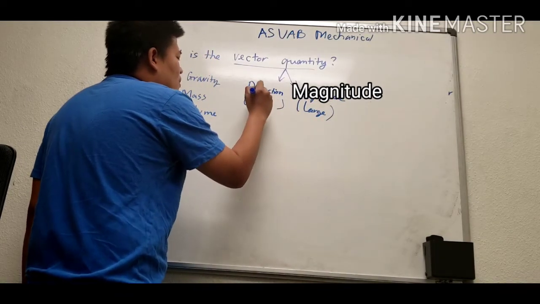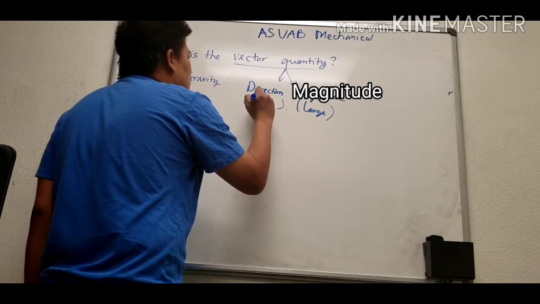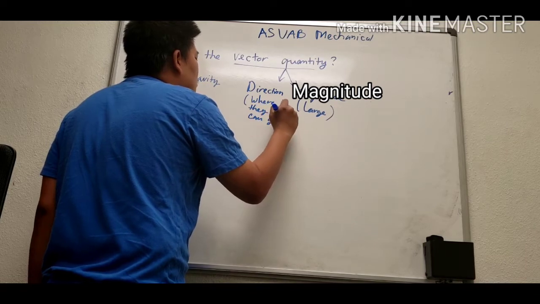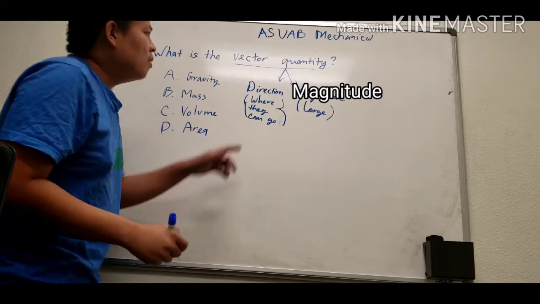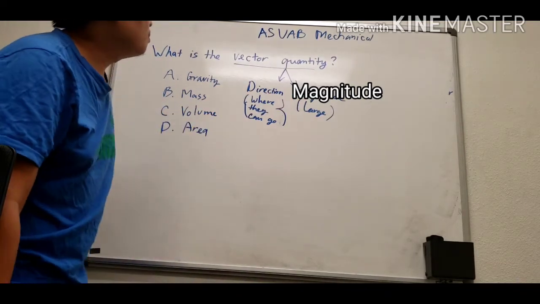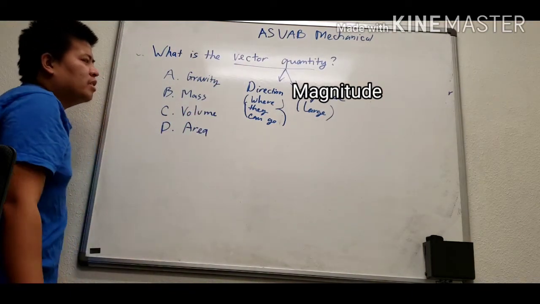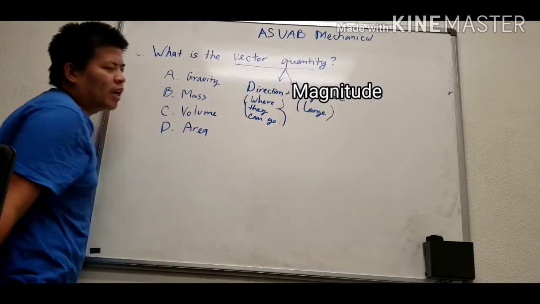Direction is where they can go. So we have two requirements to get a vector quantity: direction and magnitude should go together.